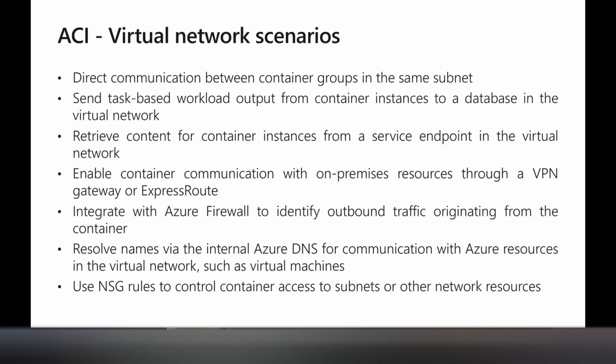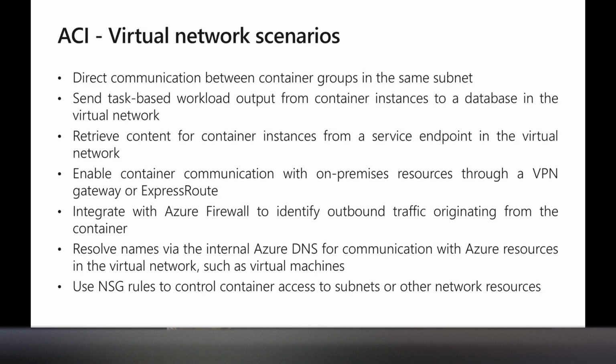They were basically living outside in a kind of public infrastructure, and there was no way to connect to a VNet. But as we all understand, for enterprise scenarios it's a key thing. Enterprise customers have their infrastructure running in their virtual networks, and they need connectivity back and forth. And that's where you have this ACI virtual network scenario where you can deploy them in a virtual network.